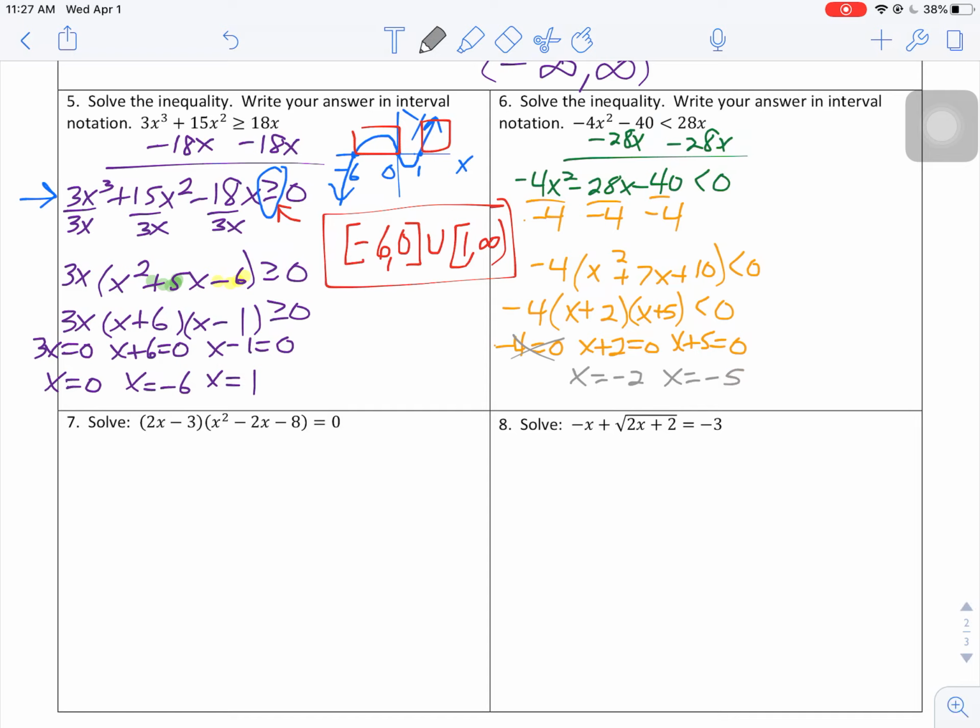And then as far as actually getting our answer, again, I like to do the little sketch of the graph. You could technically use -2 and -5 as your critical values and do a bunch of test points. So if your teacher taught you that way last semester and you're comfortable with that, feel free to keep doing that. So -5 and -2.